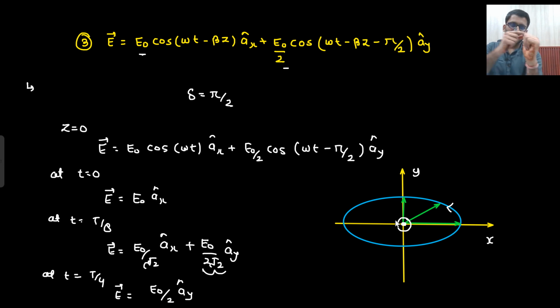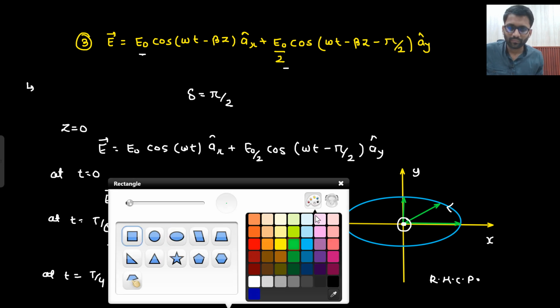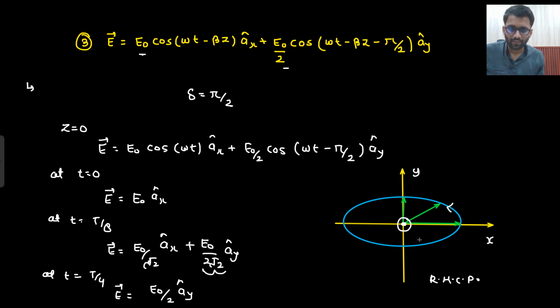So I am using the right hand. This is not right hand circular polarization, sorry, this is right hand elliptical polarization. So now what is the conclusion?